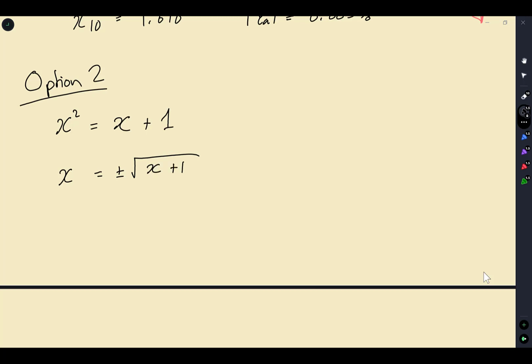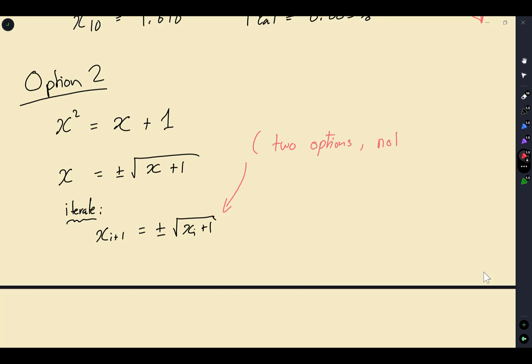When we iterate every time, we're going to have x i plus 1 equal to plus or minus the square root of x i plus 1. Would this be useful? Not really, because every time we iterate, we have two options. So not the best approach.